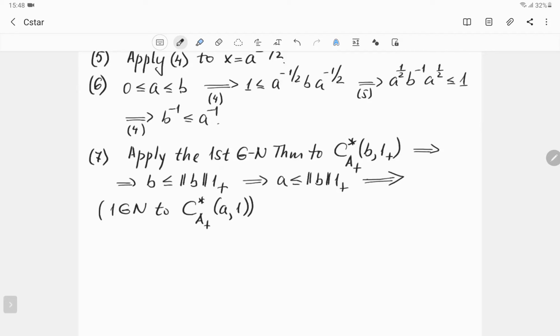And we conclude that A is a function which is between 0 and some constant. And so the norm of this function is less than or equal to the same constant. And this is exactly what we wanted to prove.